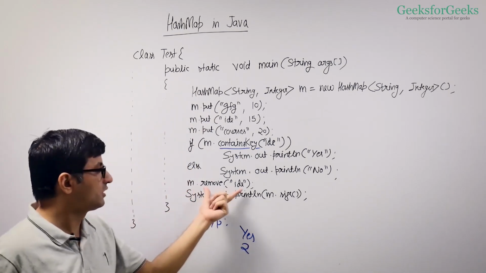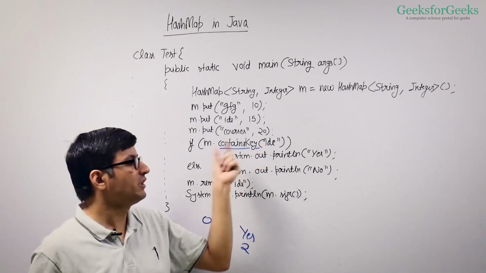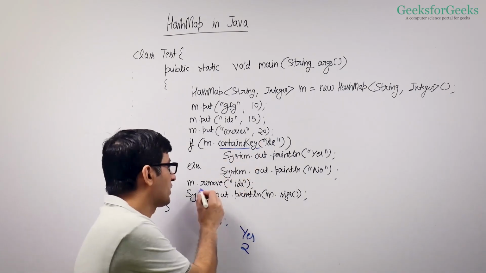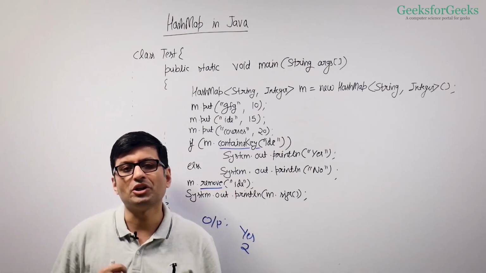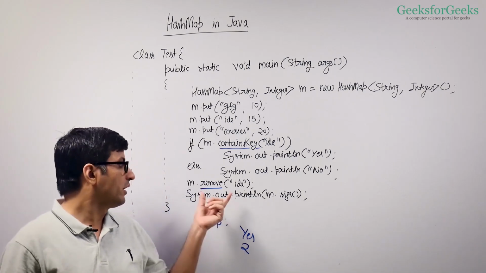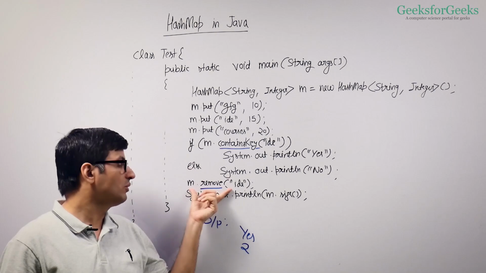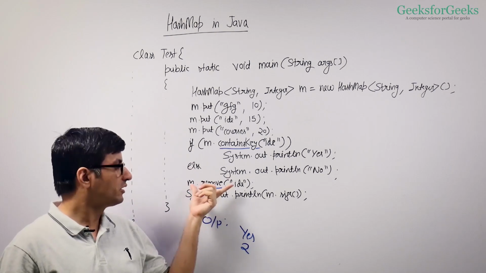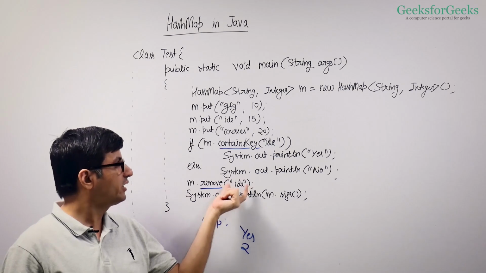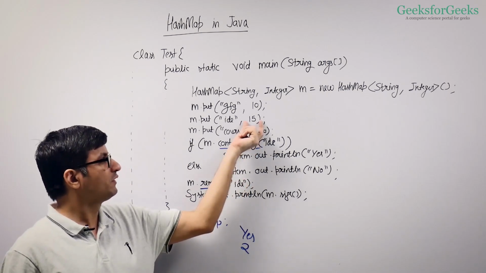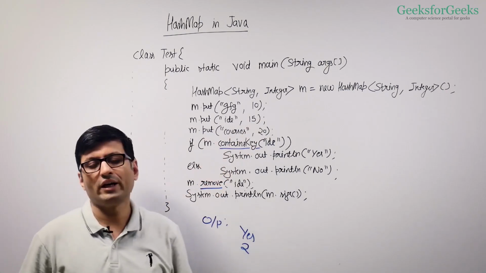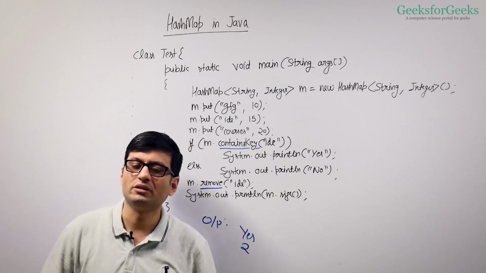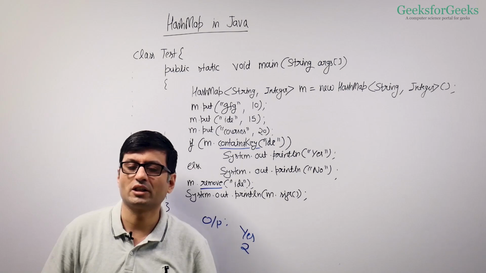So remove function removes a key, contains key function is used to check whether the key is present or not. One important thing about the remove function, it returns the value corresponding to the key. So if you have removed IDE, the value 15 is returned by the remove function. And if the key is not present in the hash map, then it returns null.